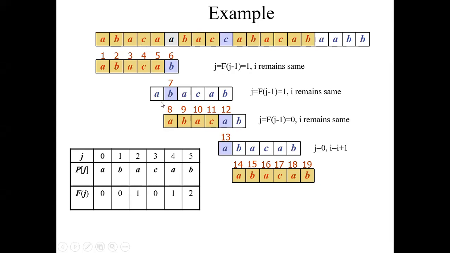So now let us check for here. I value ये रही, J value ये है. So I'm comparing A with B again. I is 5 and J is 1. There is a mismatch.